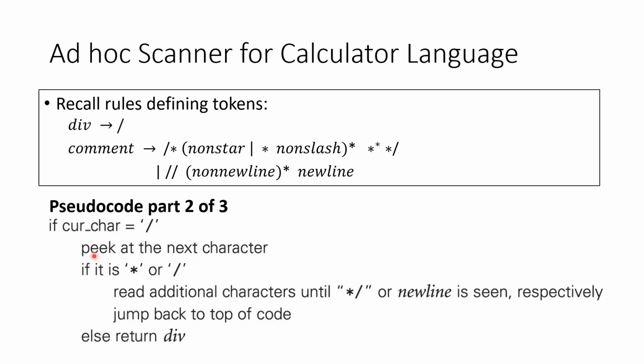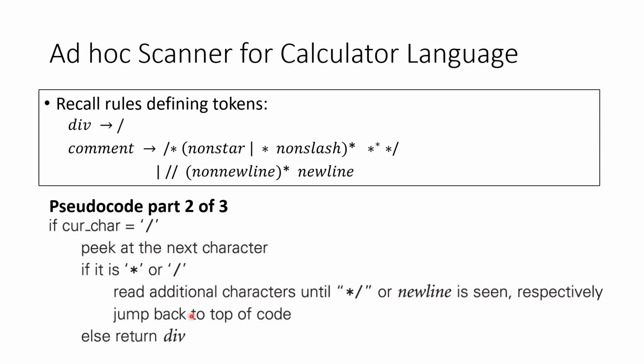Note that it only peeks, not reads. And if the peeked character is an asterisk, then it reads additional characters until a sequence of an asterisk and a forward slash is seen. If the peeked character is a forward slash, then it reads additional characters until a new line is seen.